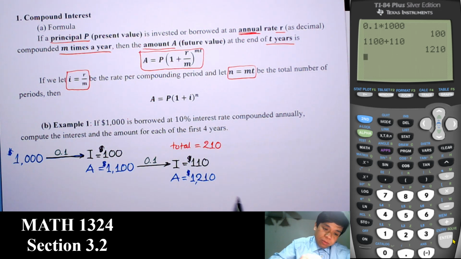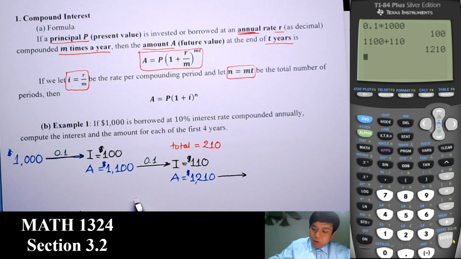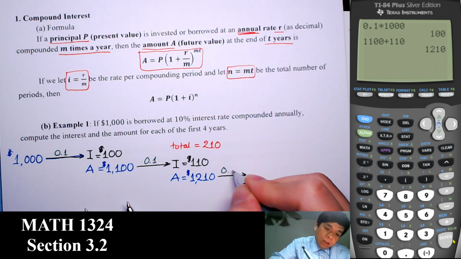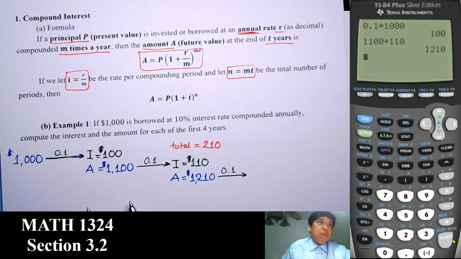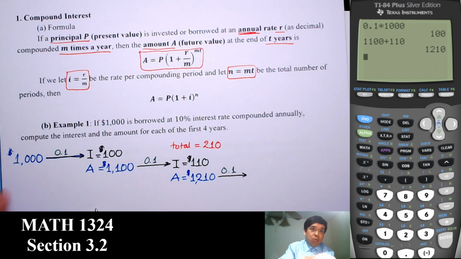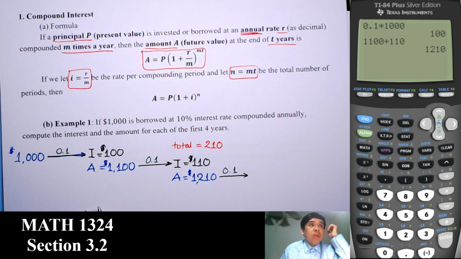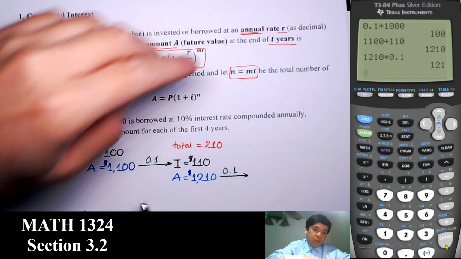Now another year goes by, that will generate 0.1, 10% of whatever that year is. So that's compound interest. The interest is based on what we have from the previous year, not from the first year. So the interest just keeps compounding like this. We take this and times 0.1, and that would be 121.